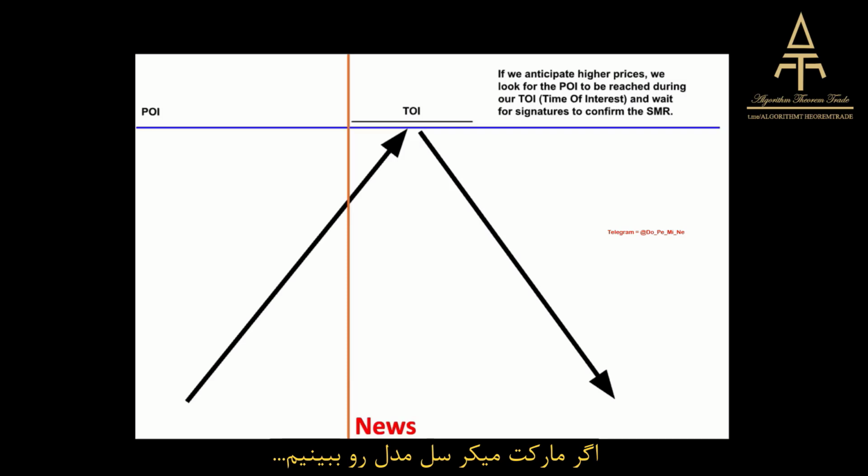If we take a look at the market maker sell model schematic that I've been utilizing with you so far, we can see that there's a leg higher, and near the end of that leg, near the reaching of our point of interest, news gets released during a time of interest that sends price higher into that price level that we've been anticipating and waiting for.